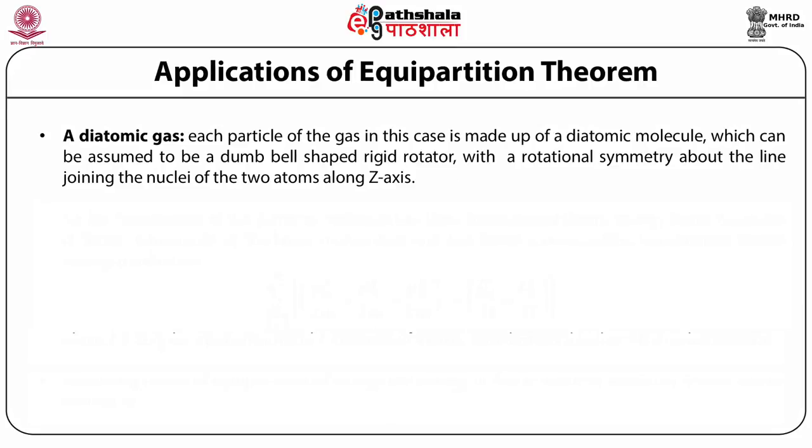A diatomic gas. Each particle of the gas in this case is made up of a diatomic molecule, which can be assumed to be a dumbbell-shaped rigid rotator with a rotational symmetry about the line joining the nuclei of the two atoms along the z-axis.